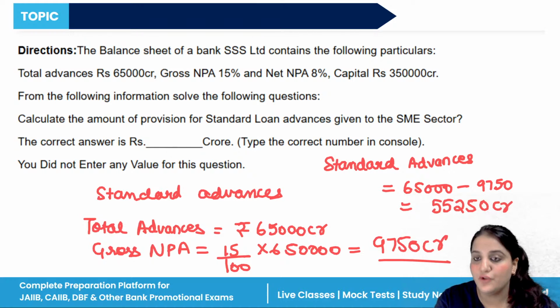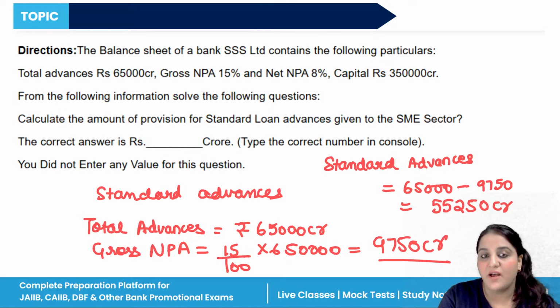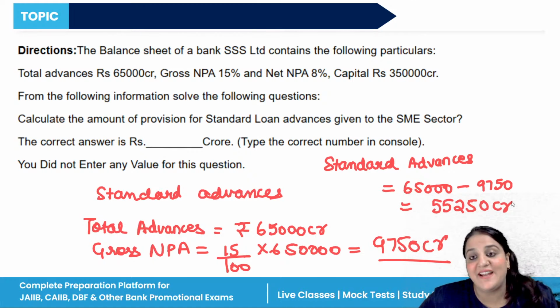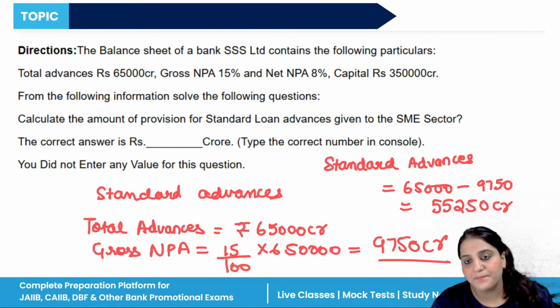So now we can assume that all standard advances are to the SME sector, or at least we are being asked to compute the provision on the SME portion of standard loans. Here the provision is 0.25% of standard advances to the SME.